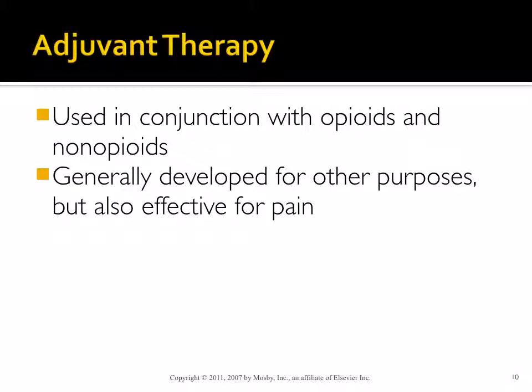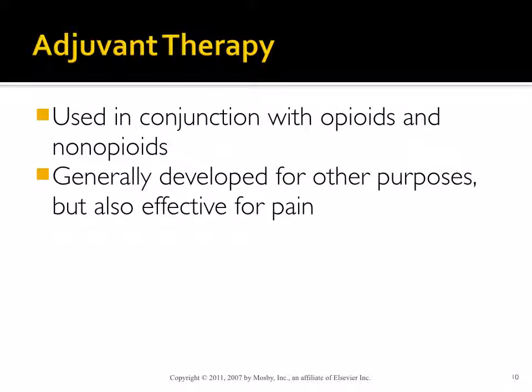How about we give some other class of drugs, maybe antidepressants, or anti-seizure drugs, or steroids, or muscle relaxants, or other drugs which have a possibility of depressing the CNS along with what our pain drug is doing, and that will help the patient more. So how about we do that too?